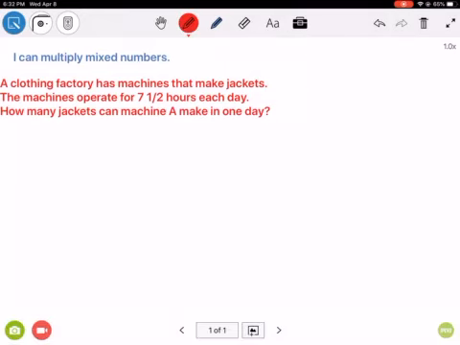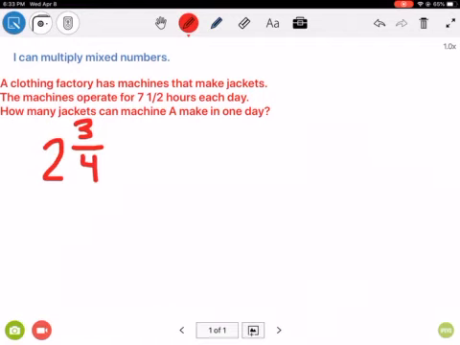Let me turn my pen on here. Machine A can make 2 3/4. Oops, I'm having difficulties here. Let me see if I can move this down. So machine A can make 2 3/4 jackets per hour.